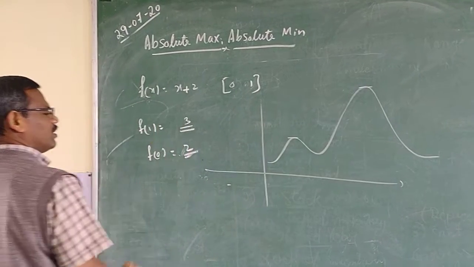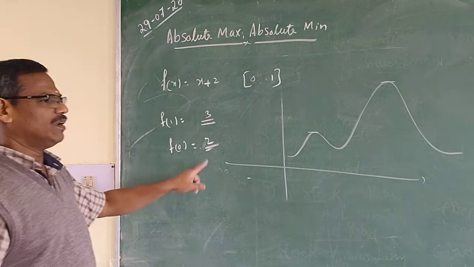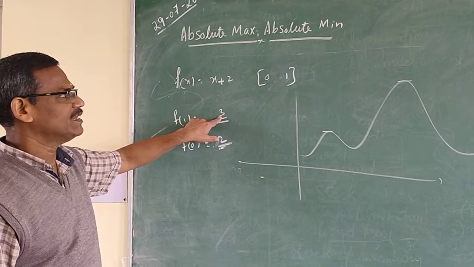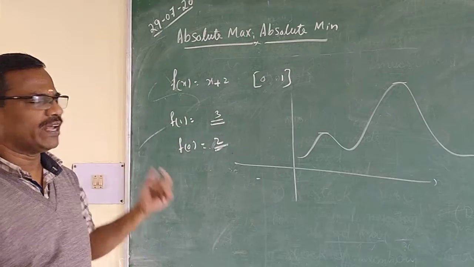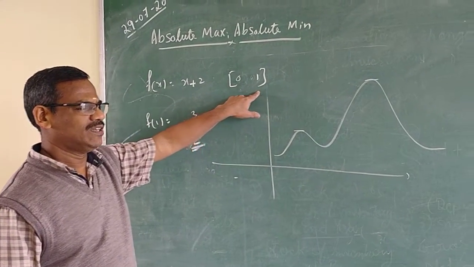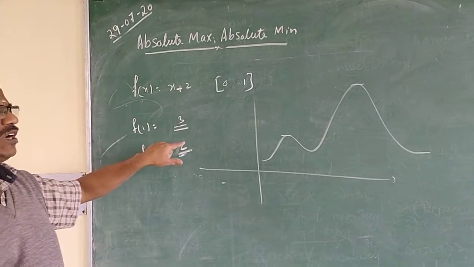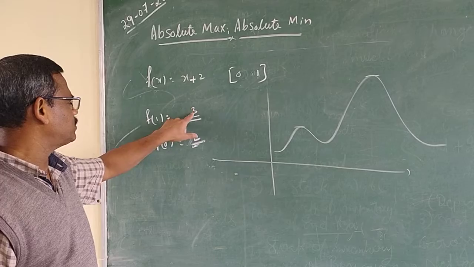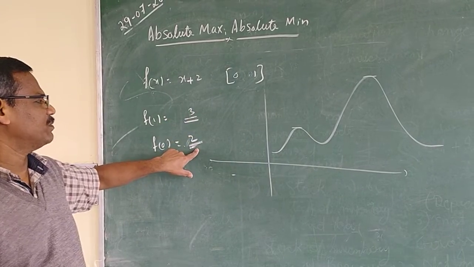So the minimum value of the function is 2 and the maximum value is 3. We are able to calculate it because it is a closed interval. So these values we call the absolute maxima and absolute minima. This is the absolute maxima and this is the absolute minima.